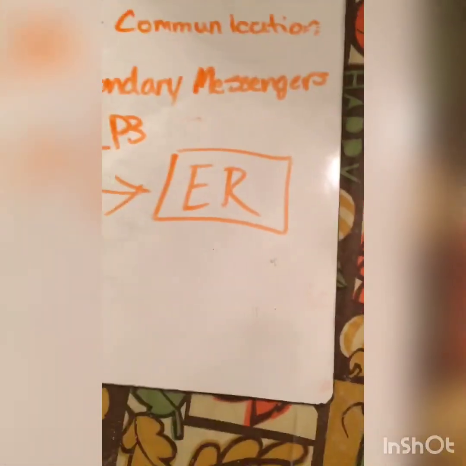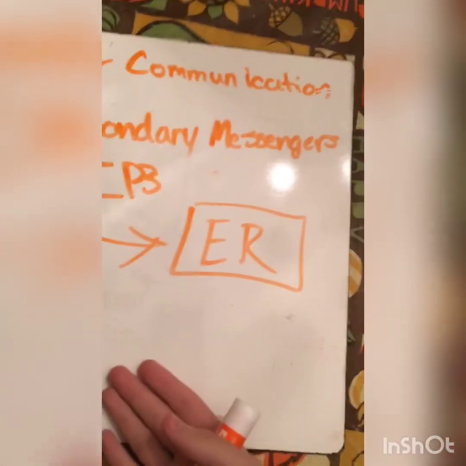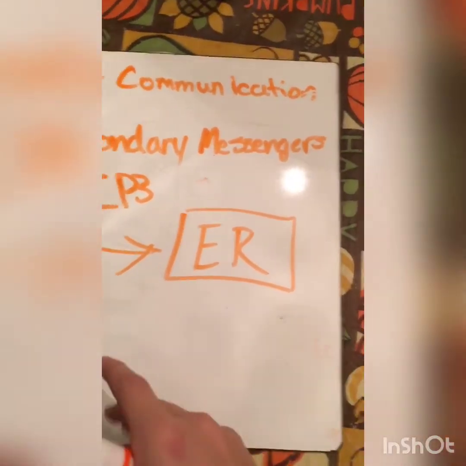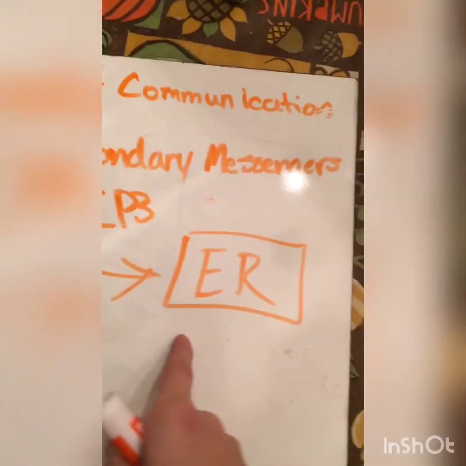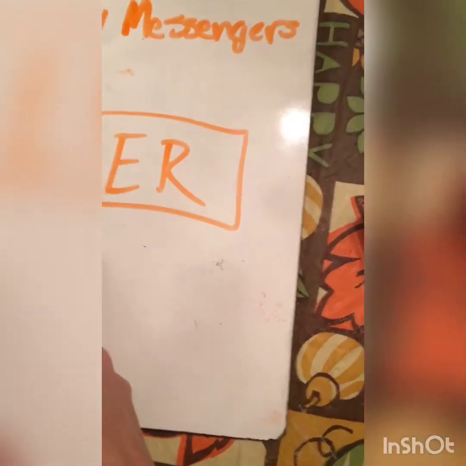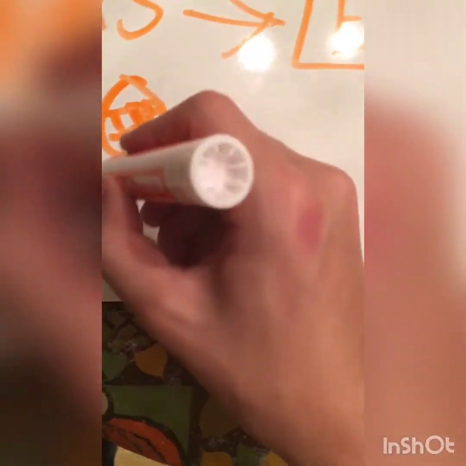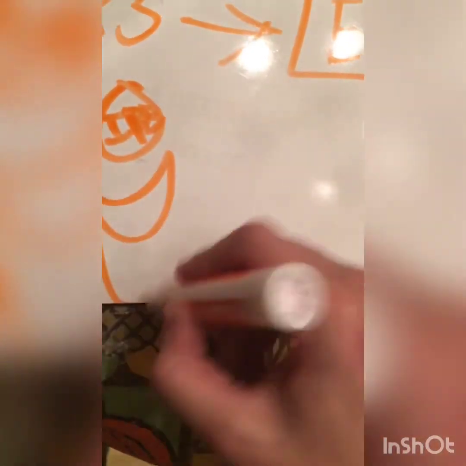And to pretty much open up the ER, you need IP3. And once IP3 attaches to the ER, it binds with a receptor protein. So we'll put IP3 right here, and it will connect with this receptor protein on the ER.